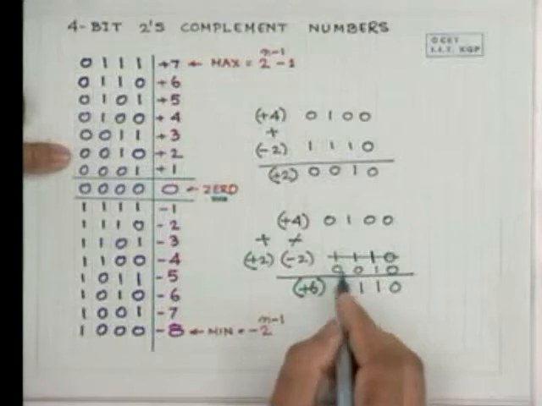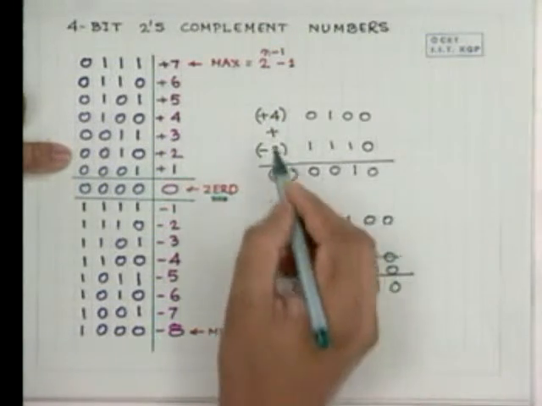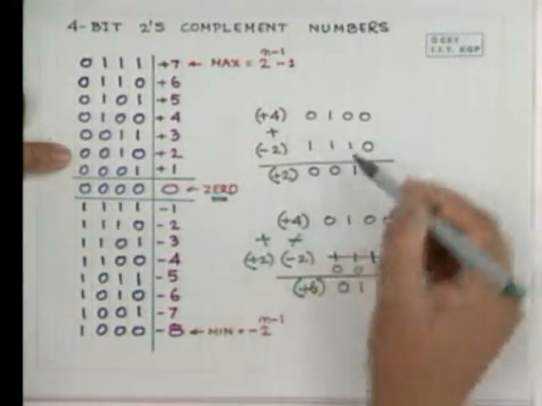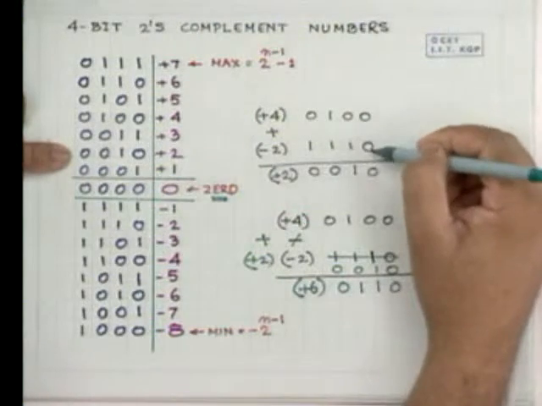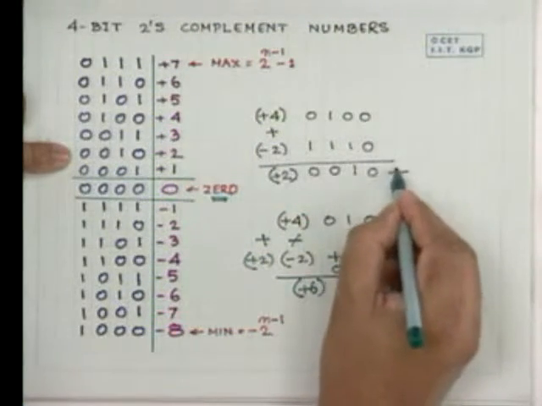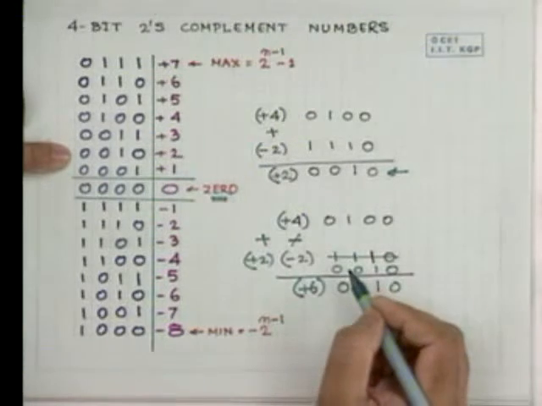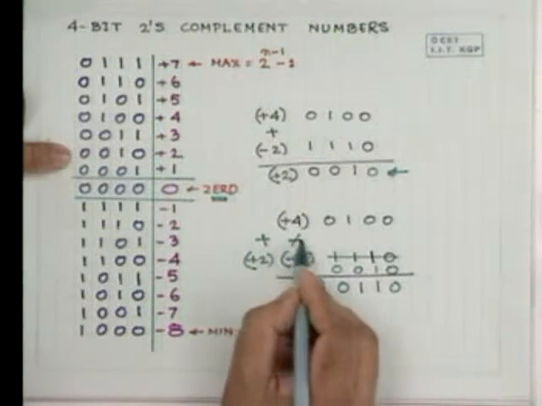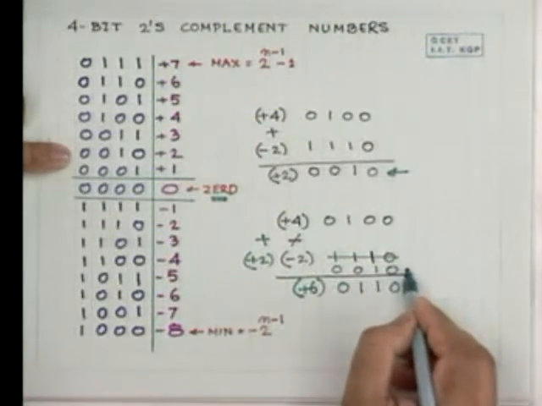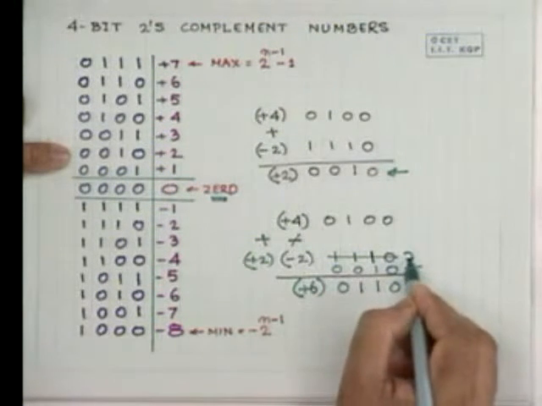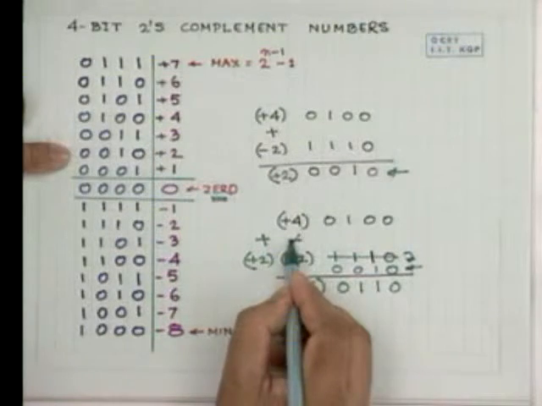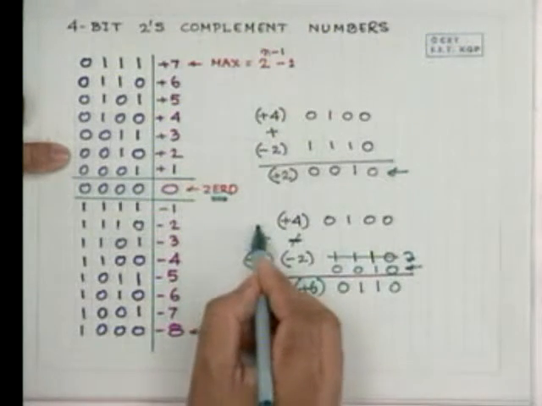Let's repeat that. If the operation is positive, then you simply add the two representations to get the final result in 2's complement form. If the operation is negative, then you simply find the 2's complement representation of the original number, and instead of subtraction, you simply do an addition.